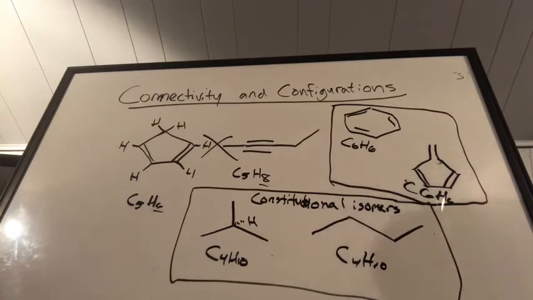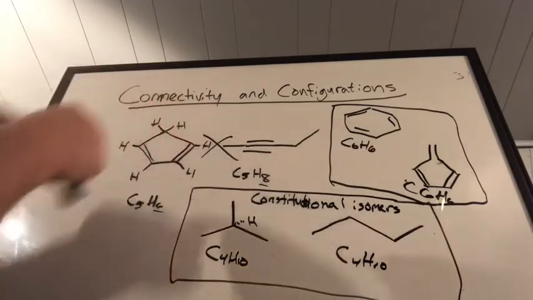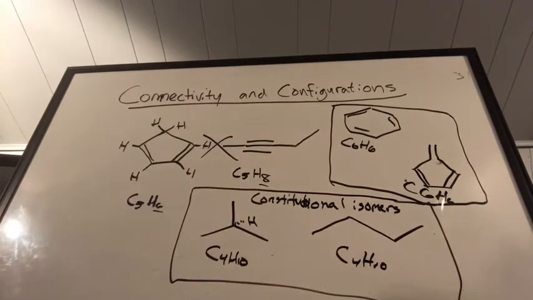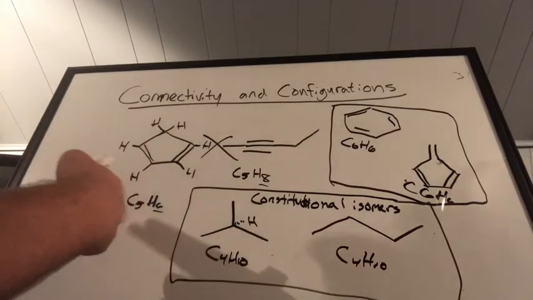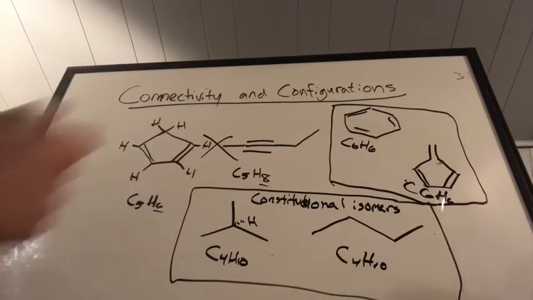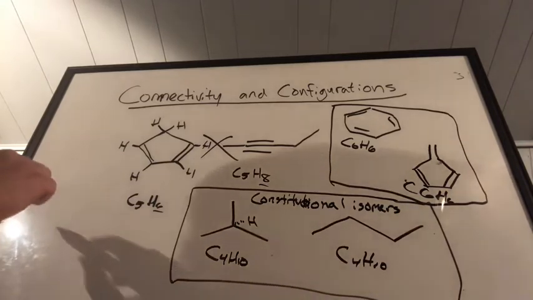Okay, so if they were to split them apart and add those two hydrogens, you would see the same amount of hydrogens and carbons, so therefore those would be constitutional isomers. Okay, so index of hydrogen deficiency, or IHD.